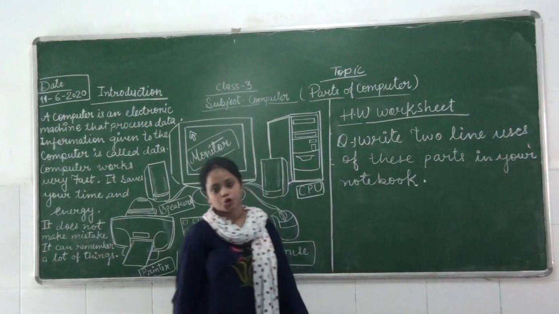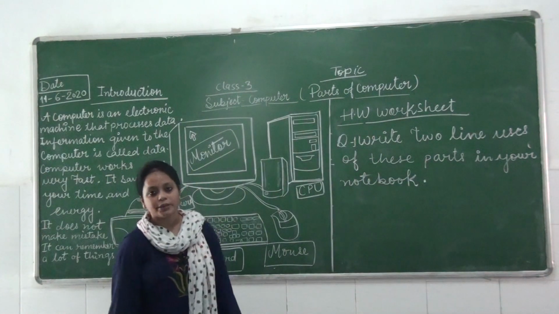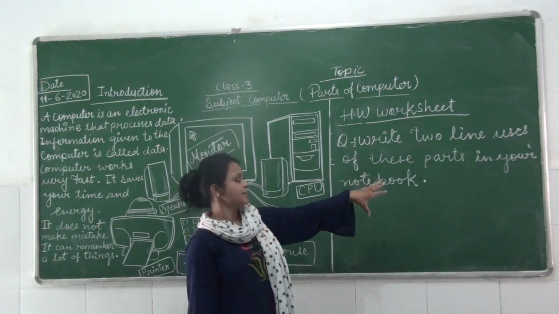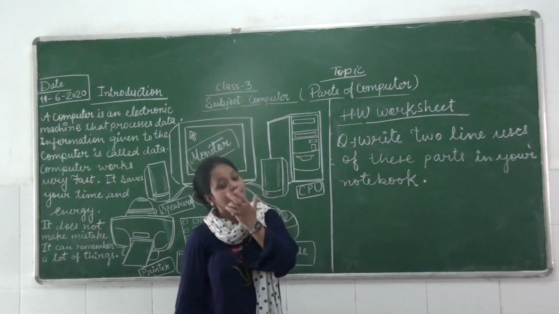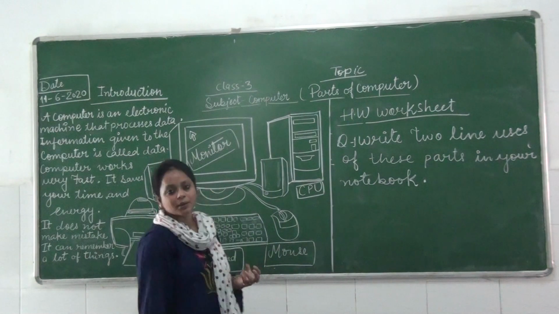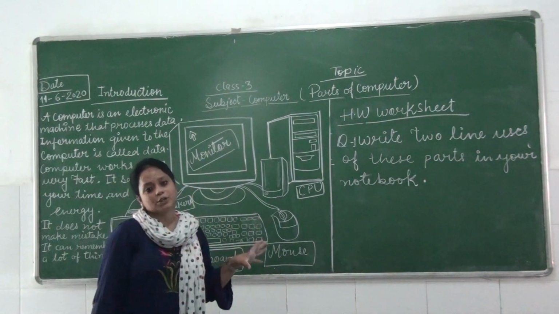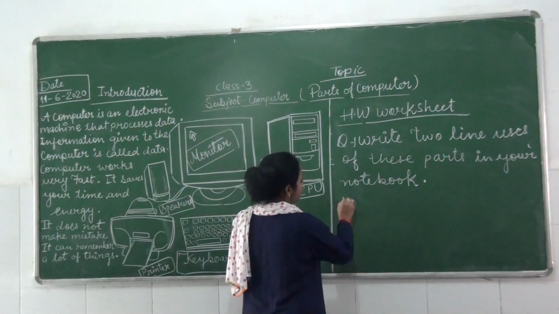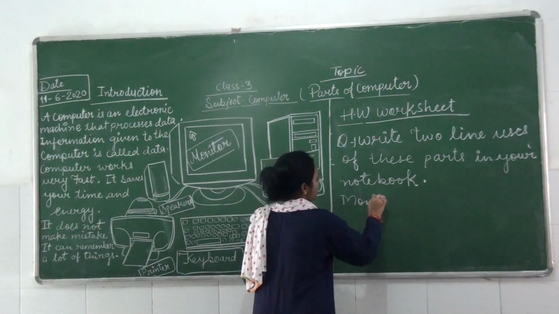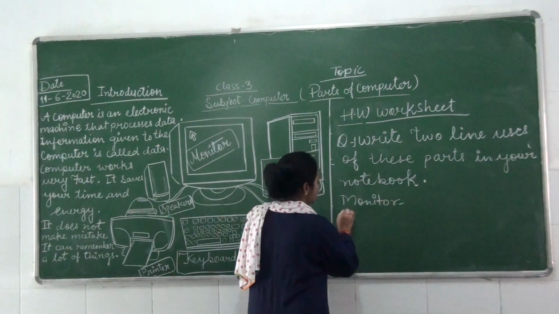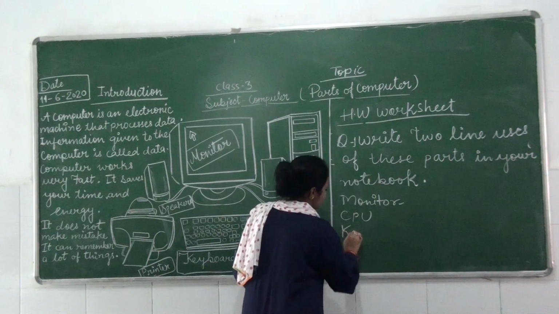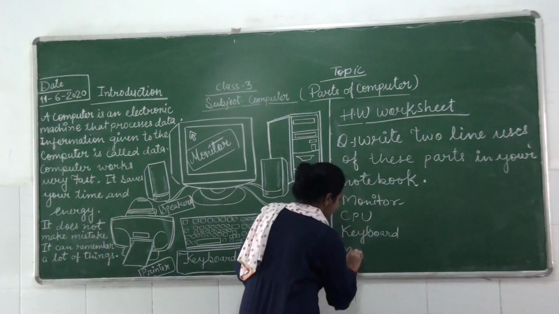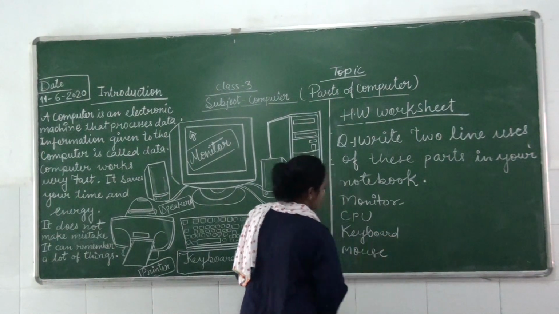Children, I have a question for you. What do you have to do in your notebook? Write two lines of uses of these parts in your notebook. Whatever I just explained here, these important parts of the computer, you have to write the names: monitor, CPU, keyboard, mouse.